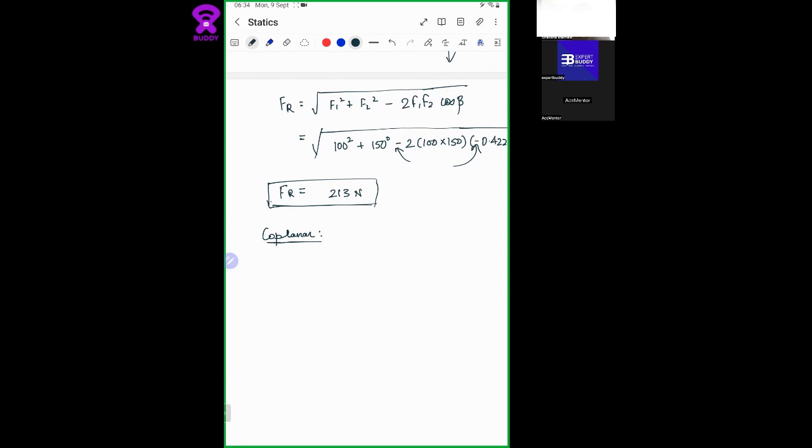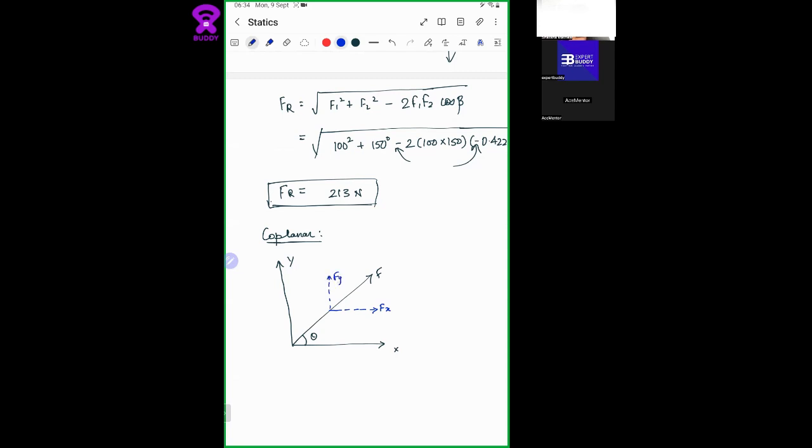What are coplanar forces? See, if there are forces which are lying in the xy plane, so there is an F which is lying here, in the xy plane. So you can resolve this force into its component of x or component of y.